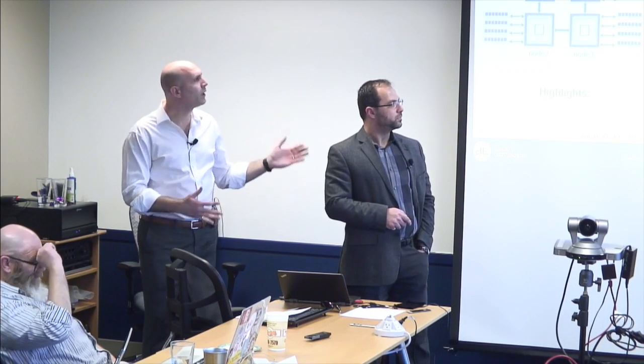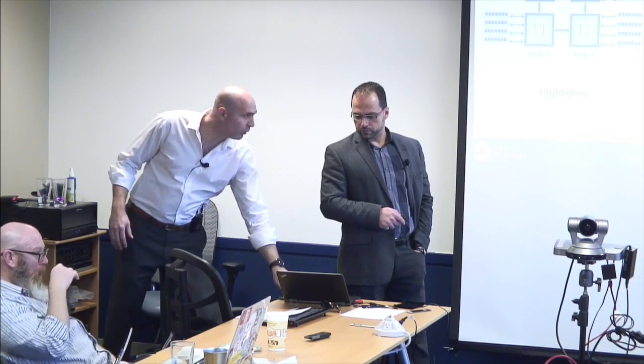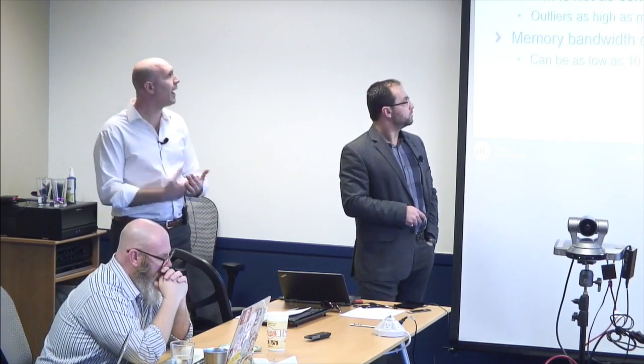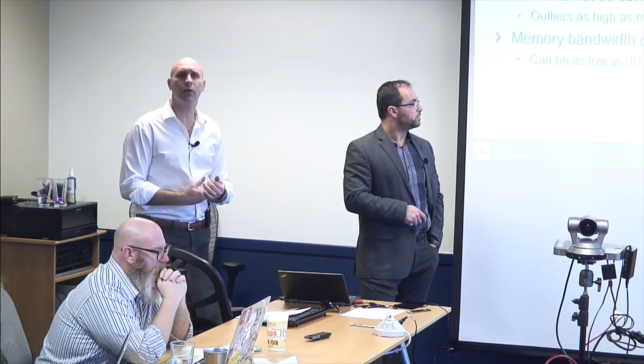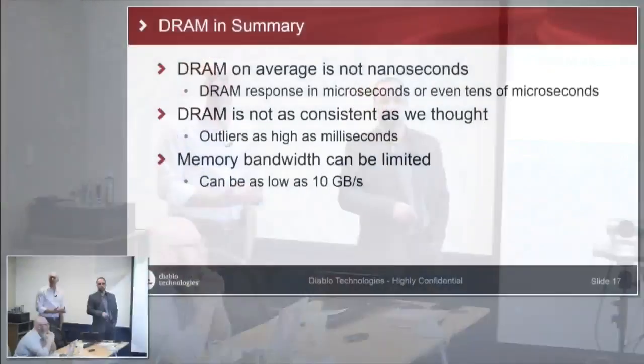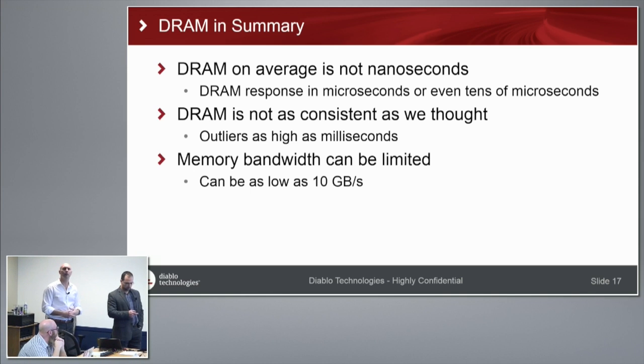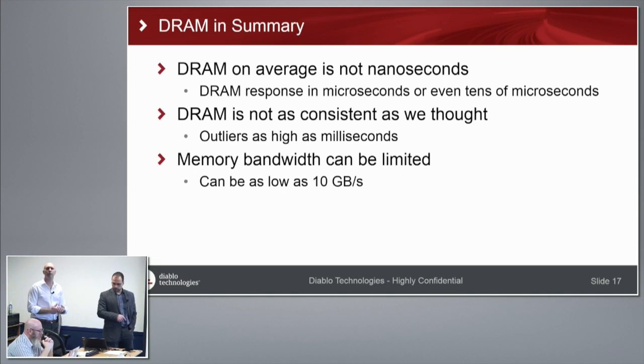So now, we can start looking at where we want to be. We want to get in the zone of having our flash approach 10 gigabytes per second, and we want to keep that latency as near to 100 microseconds as we can. That was our design target, and that's been working for us.